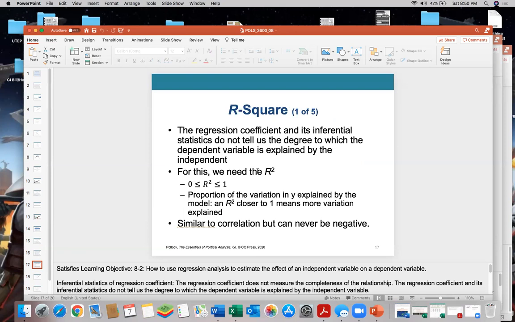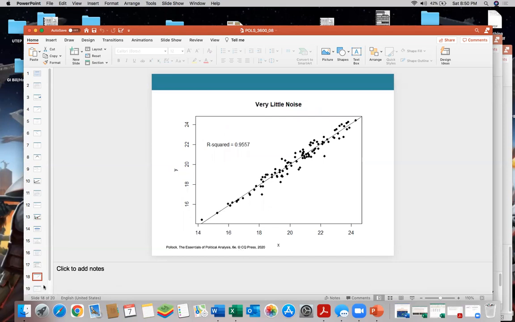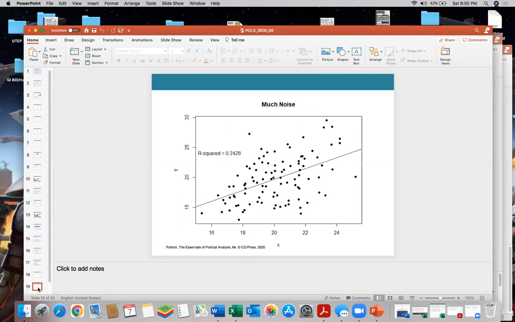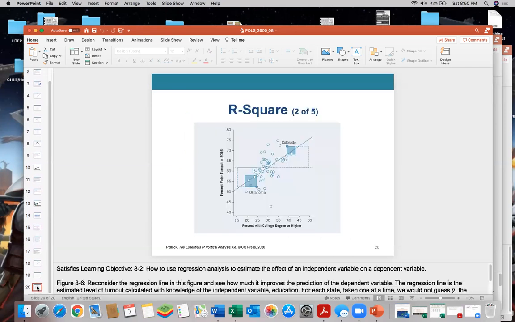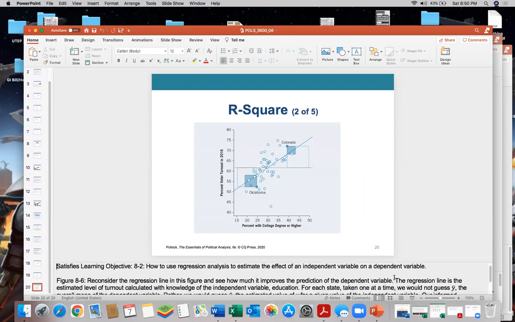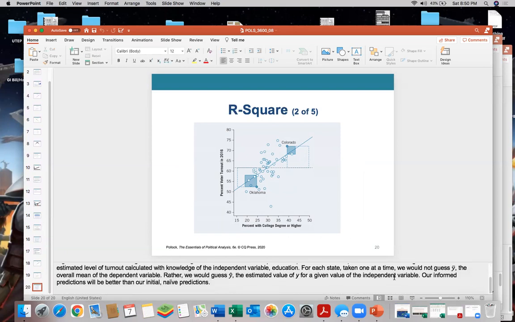Any questions on R squared? All right. And then there was that whole hardcore definition of R squared, which I don't think we're going to get tested on. Mostly just understand that it is a number between 0 and 1, and it explains the amount of variation.